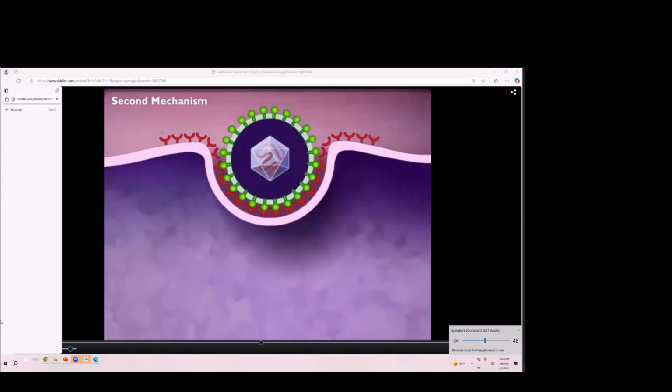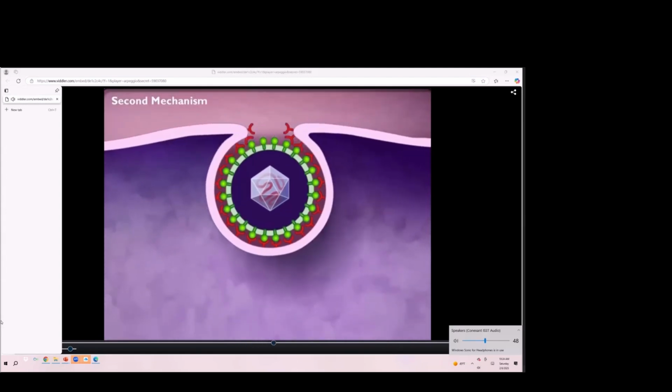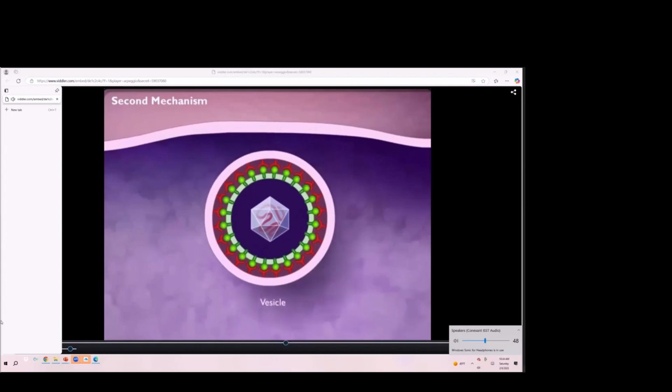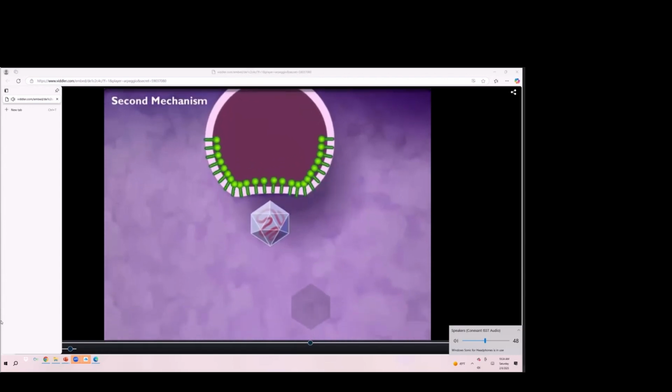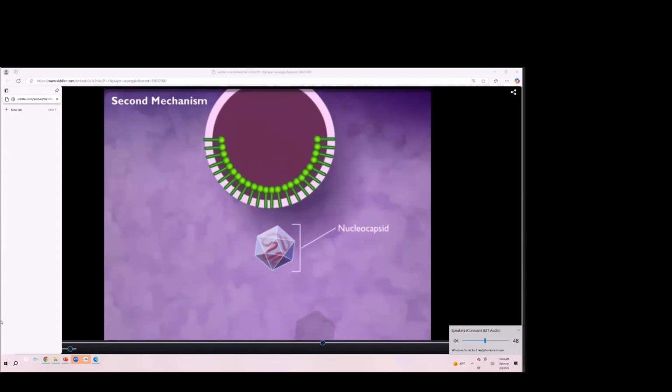The host cell plasma membrane surrounds the whole virus, forming a vesicle. The envelope of the virus then fuses with the plasma membrane of the vesicle, and the virus is released into the host cytoplasm. The capsid protein is then removed, and the nucleic acid of the virus is released.